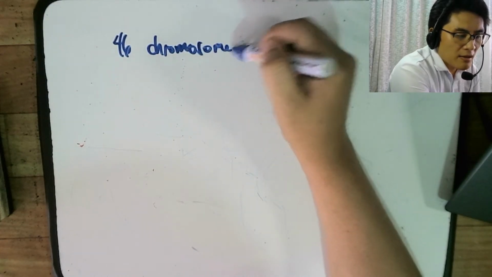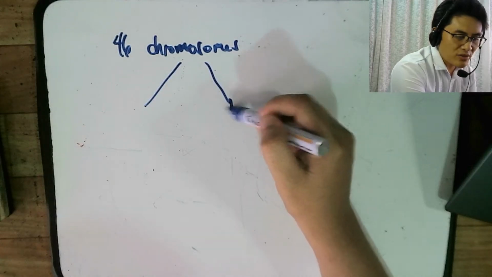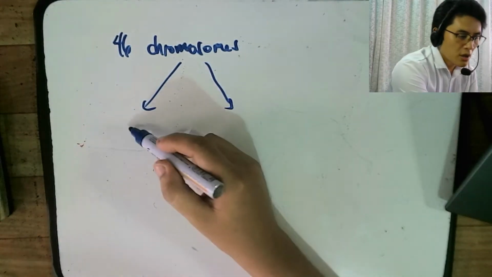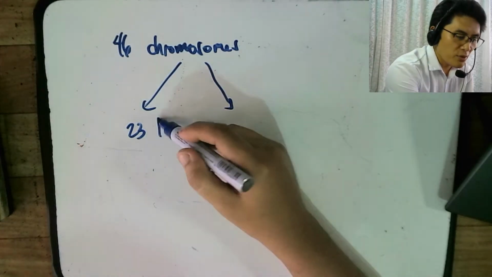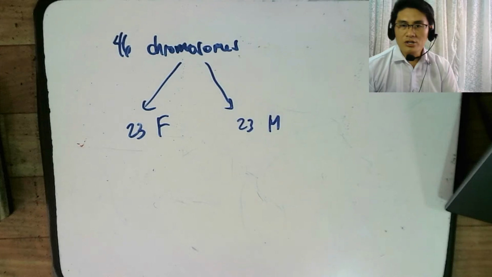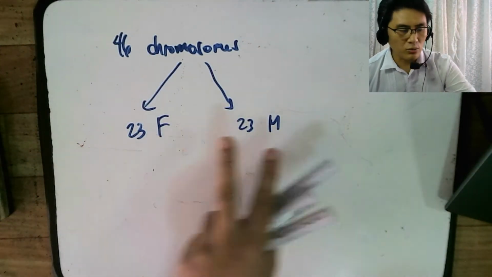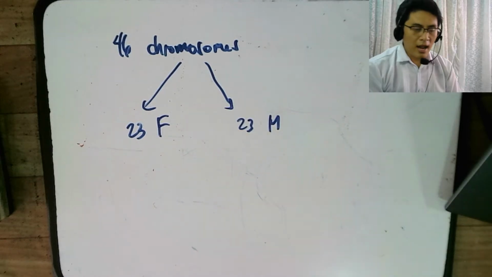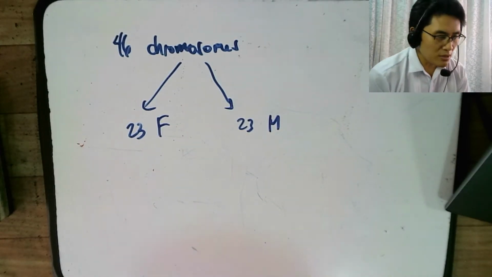But these 46 chromosomes are actually 23 pairs, because 23 of those chromosomes come from your father and 23 come from your mother. That's why it's 46. And there is a 1:1 relationship between them.